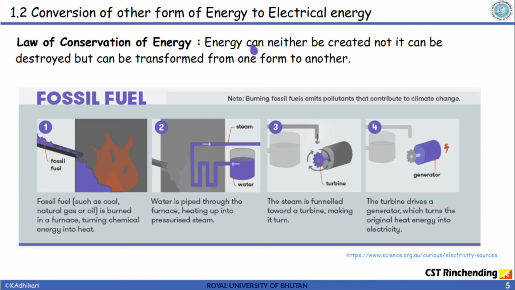Let's see how fossil fuel, mostly the coal and natural gas, is converted into electrical energy. In fact, it is very straightforward. The fuel is burned in a furnace. The heat energy is used to heat the water, and the pressurized steam runs the turbine, which in turn drives the generator, and electricity is produced.